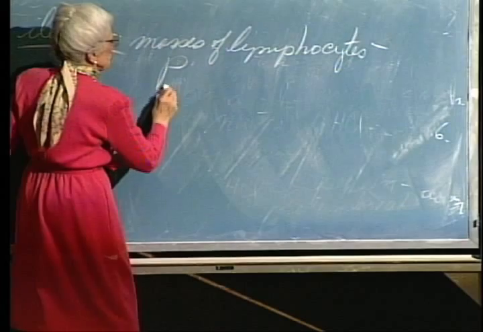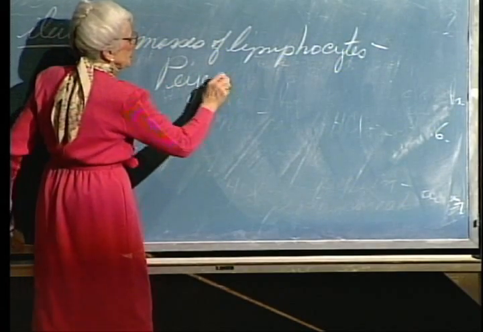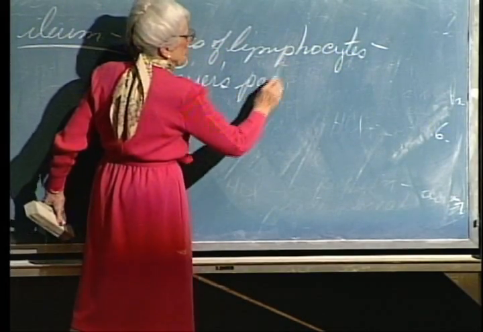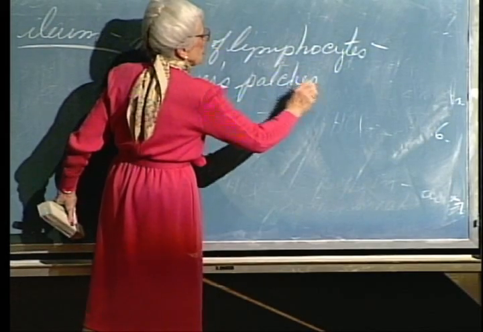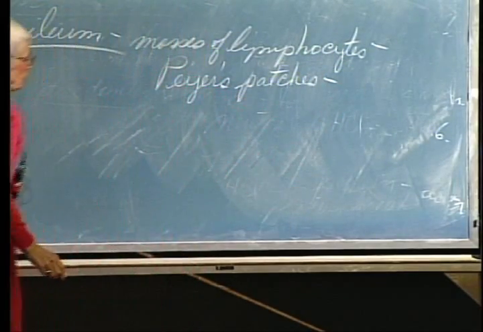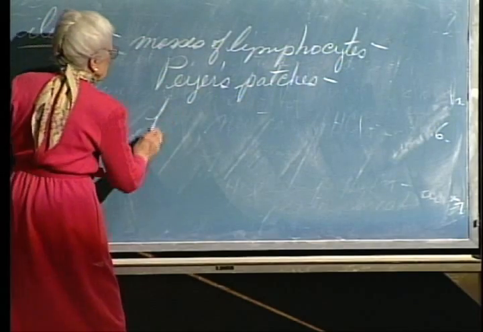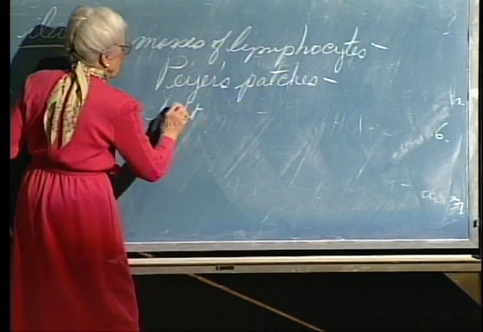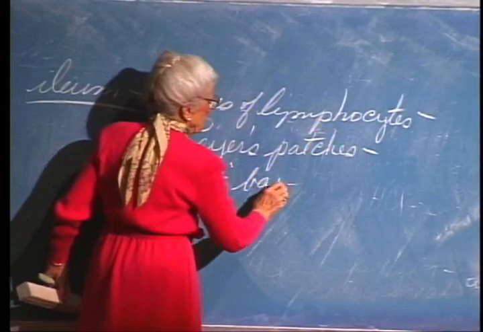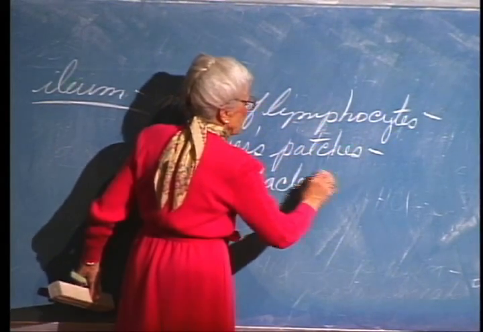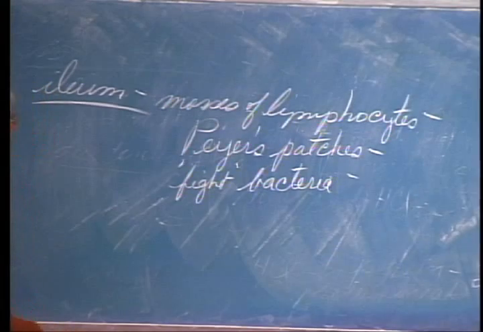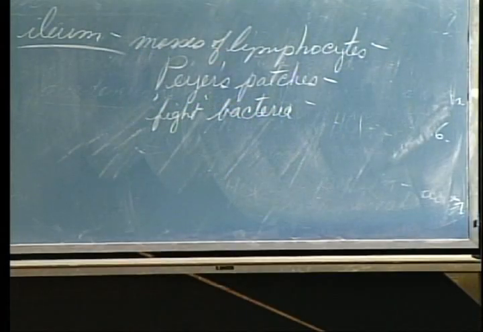These are Peyer's patches. We've mentioned them previously. And they are there to fight any bacteria that is coming in. We'll just put fight bacteria. And that tells us a little about the structure of the small intestine. We'll see if there are other things that we should mention.